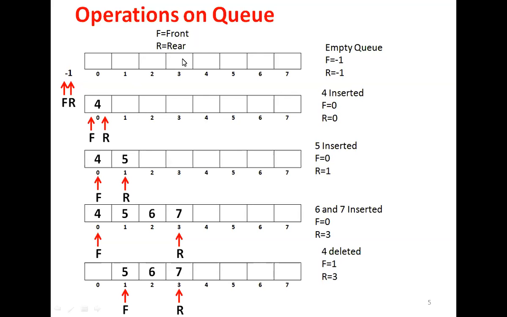If you want to implement this queue, you can use an array, or you can use the other implementation, that is a linked implementation. In this slide, I have shown the array implementation, and this is a queue implemented using an array.